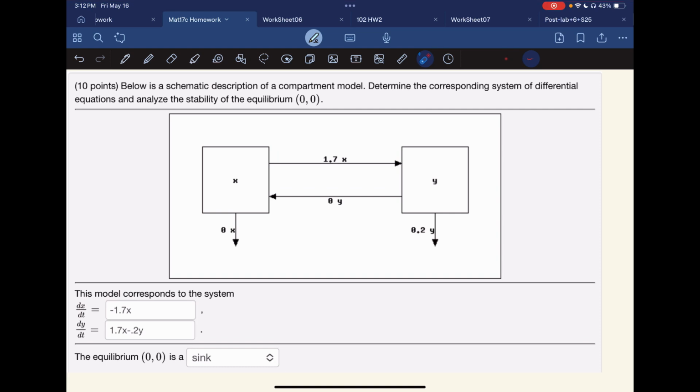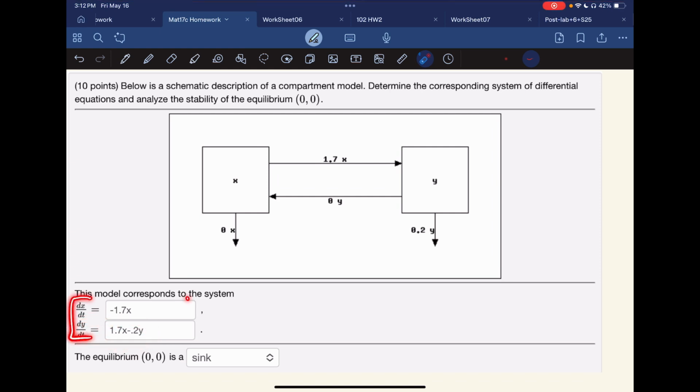On the right-hand side, we have dy/dt. We have 1.7x coming in, but also on the bottom, we have 0.2y leaving. So if we characterize that, dy/dt is equal to 1.7x minus 0.2y.